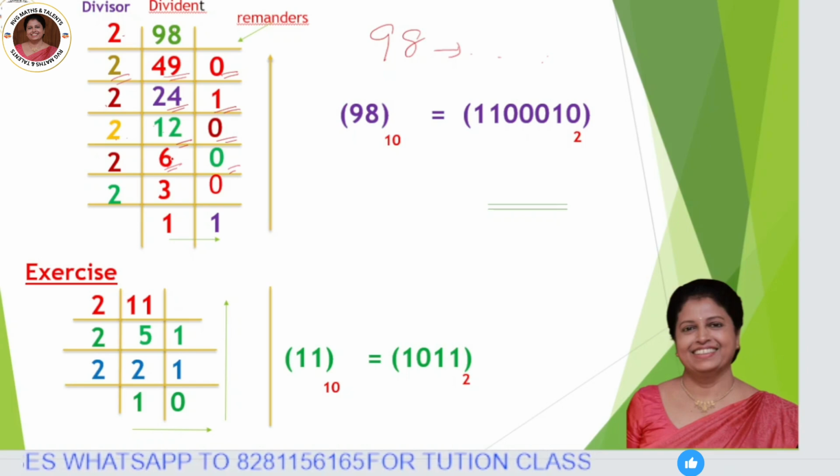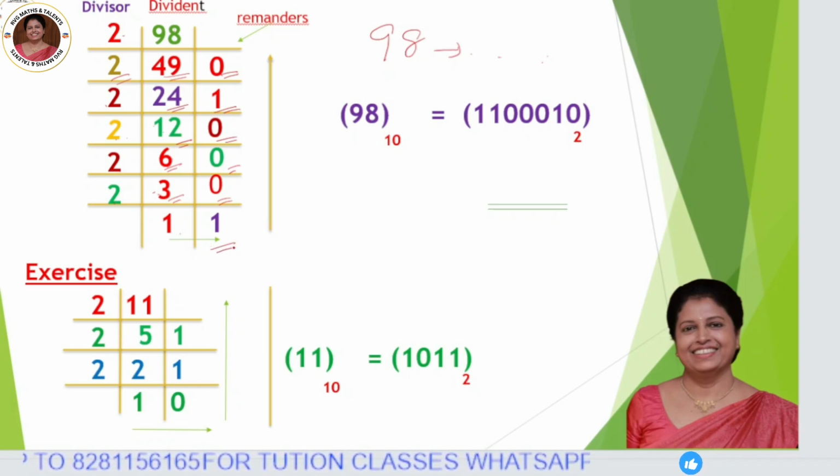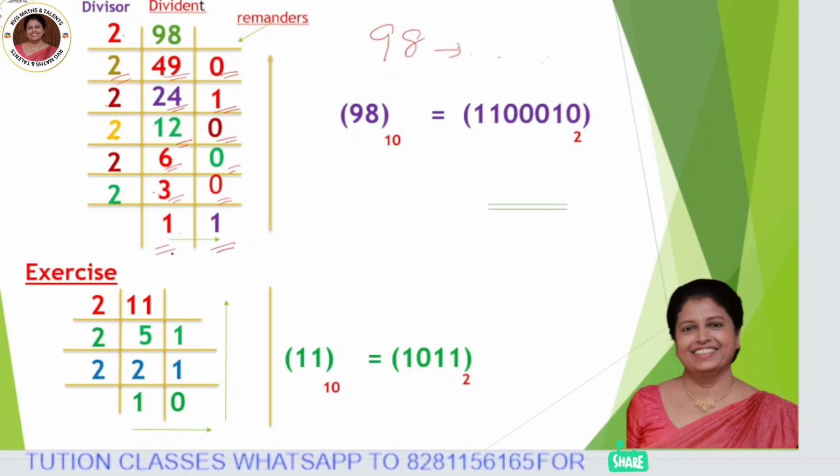Again we continue. 6 is divided by 2. We get 3 as the quotient and 0 as the remainder. Again 3 is divided by 2. We get 1 as the quotient and 1 as the remainder. So we reached the point where the quotient is 1. Here we can stop and write the binary number.